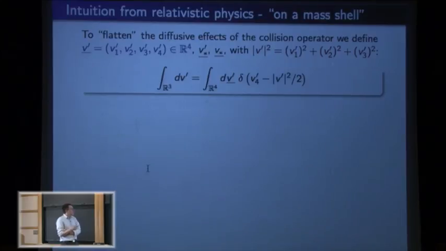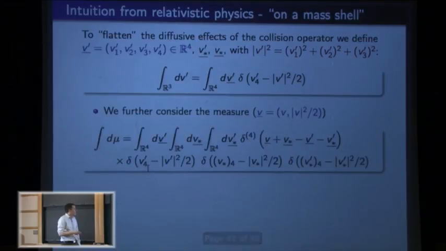Okay, so to flatten the diffusive effects of the collision operator, I define a non-relativistic mass shell. If you're familiar with a mass shell in special relativity, I want to define a non-relativistic mass shell, which is an artificial construction of my own as far as I know. If you consider something like V underbar, which is 4 variables in R4, and you define the 4th variable to just be the square, then you can lift R3 into R4 as long as you multiply by a delta function.